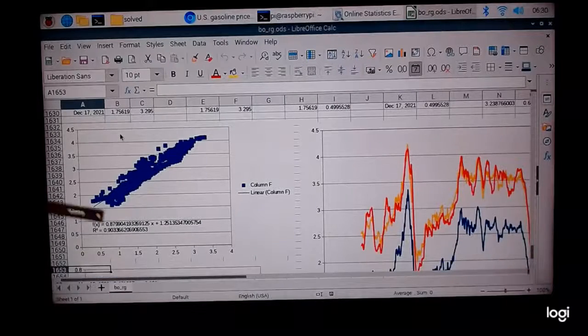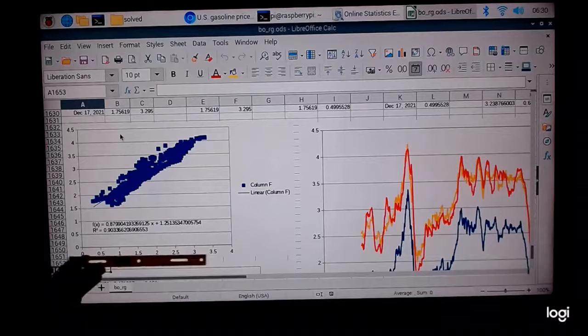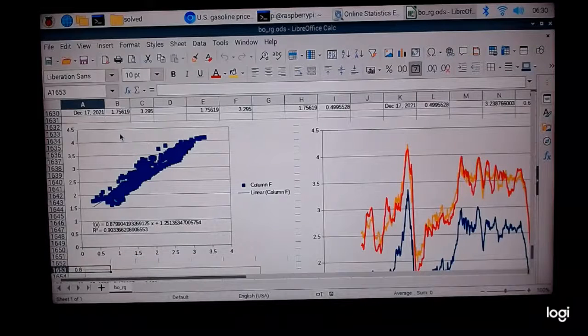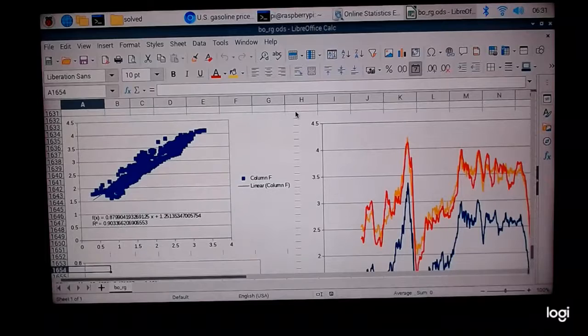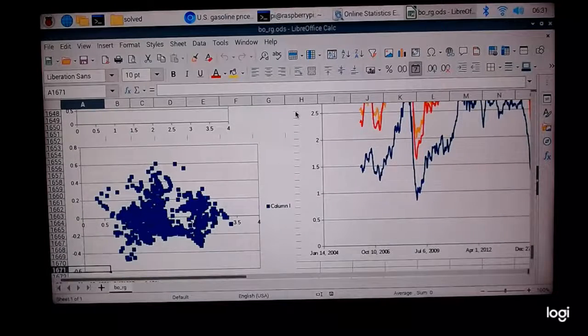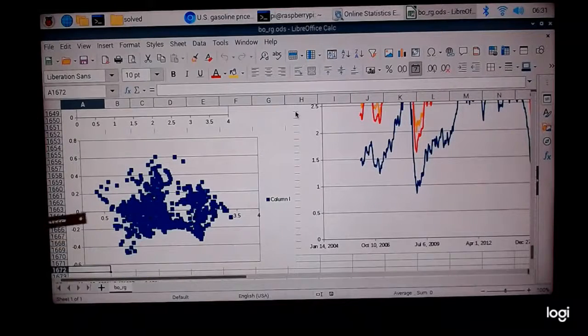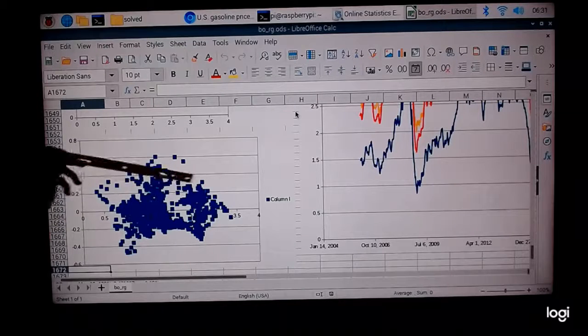Let's go down here. Here's my model. Brent, dollars per gallon, regular gasoline, and there's my model, linear regression, 0.88 times Brent plus 1.25, and there's my R squared. This is the residuals plotted with Brent. There's a cluster here and a cluster there.